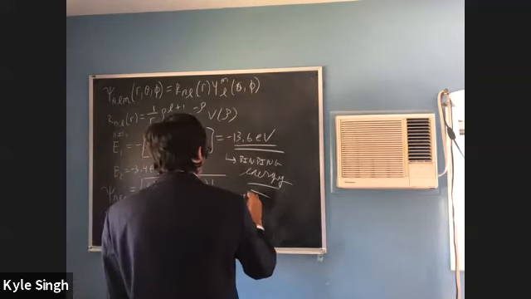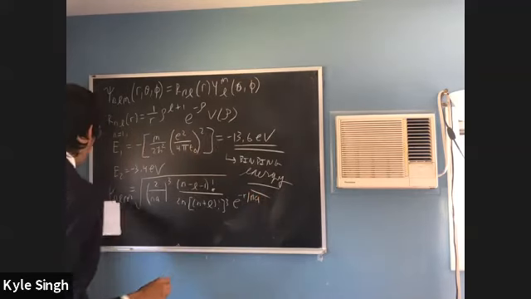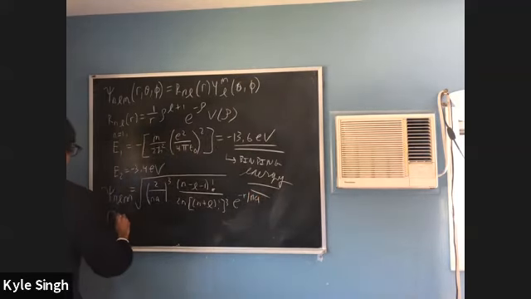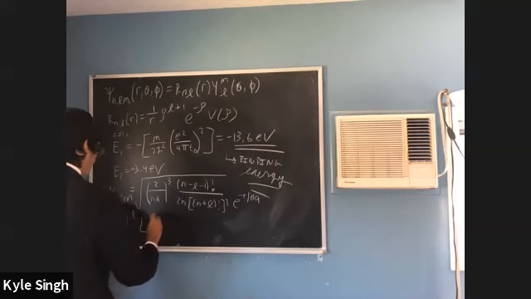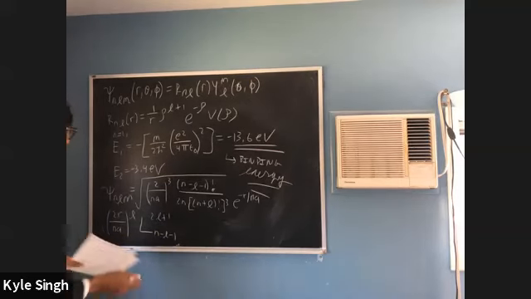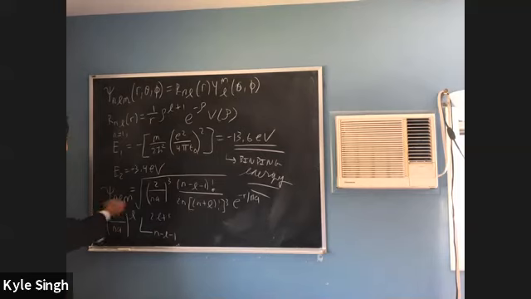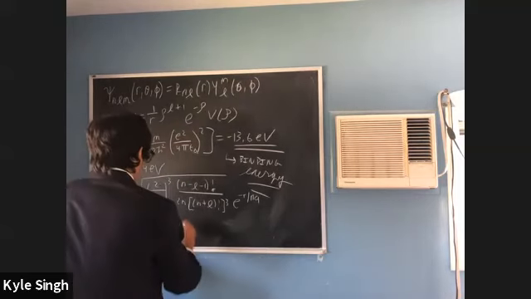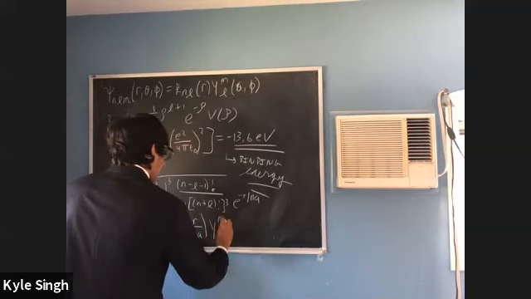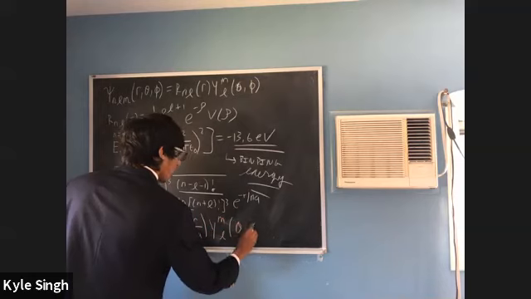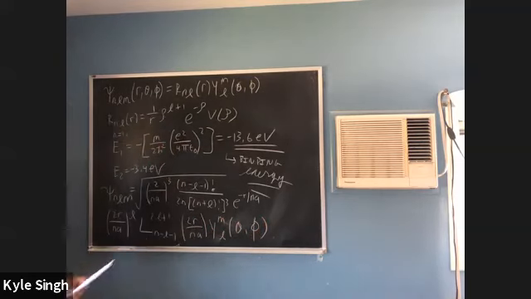E to the minus r over nA, except now you have 3 degrees of freedom. 2r over nA to the L, capital L, I'm going to define this, with indices 2L plus 1, n minus L minus 1. This looks complicated, but it's not. You're just picking numbers for n, L, and m and plugging them in. It's not very tricky. 2r over nA, but you need these formulas. Y_L^M, the corresponding spherical harmonic.